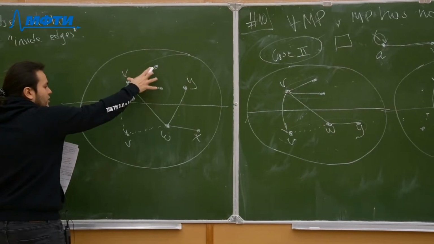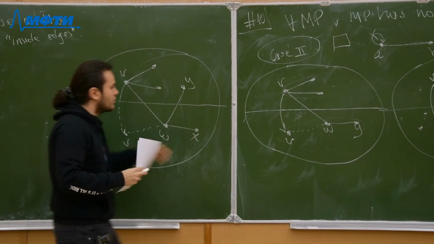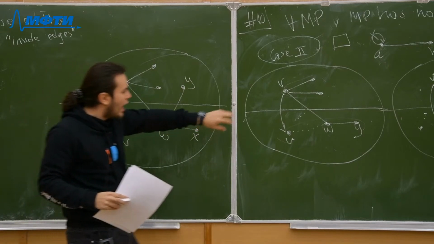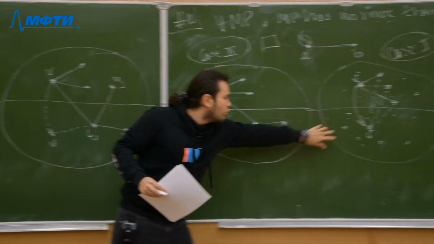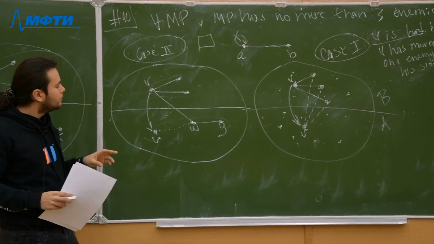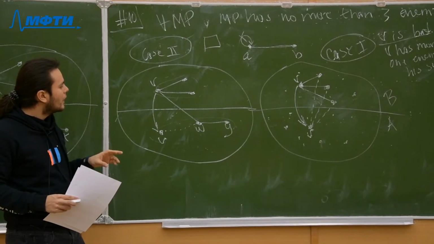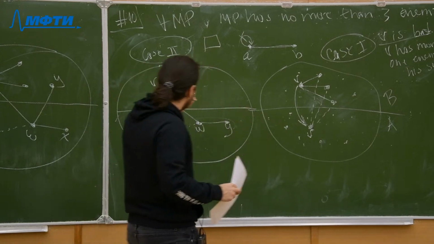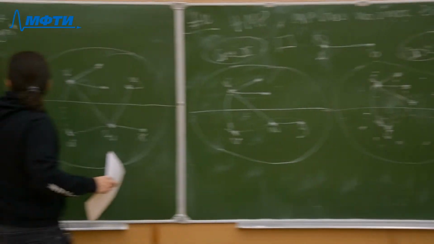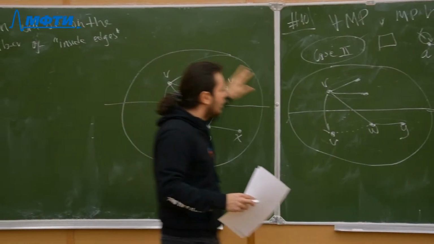Only these edges are inside edges. And since we have only two options every time, we can see that this number of inside edges will decrease.